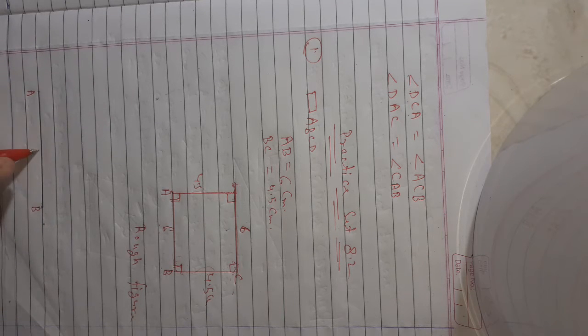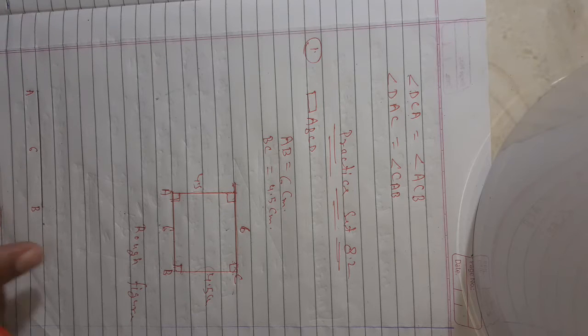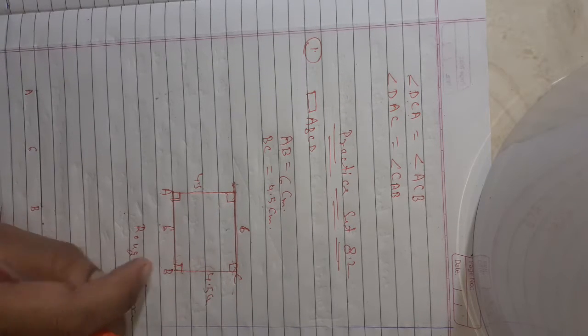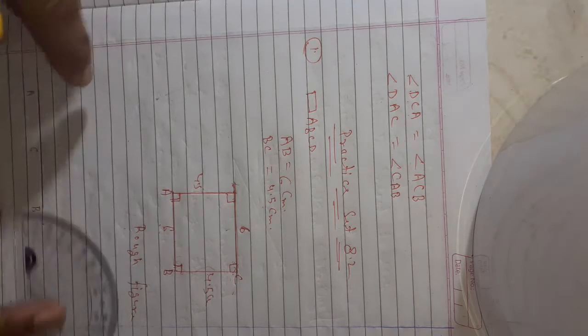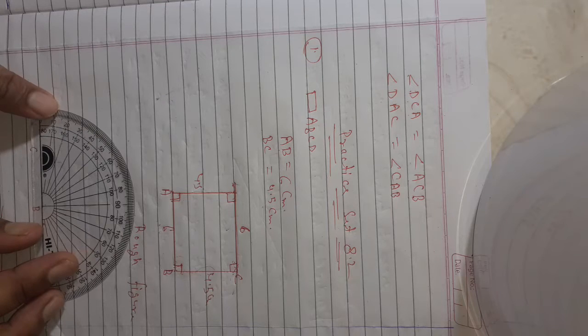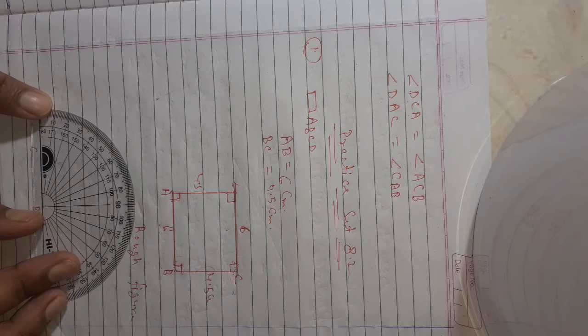AB is 6 centimeter. Now BC is equal to 4.5 centimeter. अब देखिए BC क्या? 90 डिग्री पहले आप ड्रॉ करोगे, because all the angles are 90 degree of rectangle. So we will draw here 90 degree.